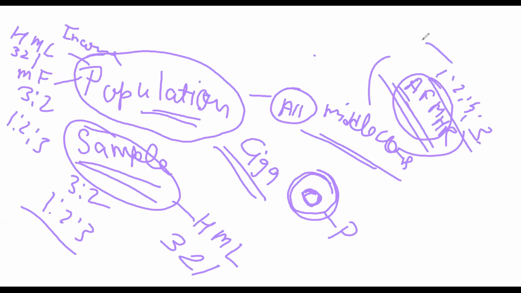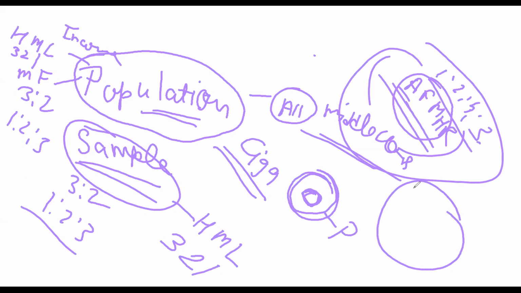This is the population, and in my sample also the ratio should be the same, 1:2:4:3. Clear? So my sample should always be representative of the population.